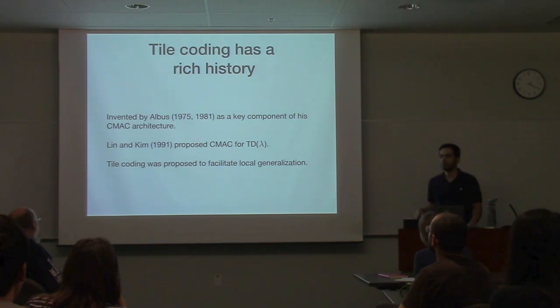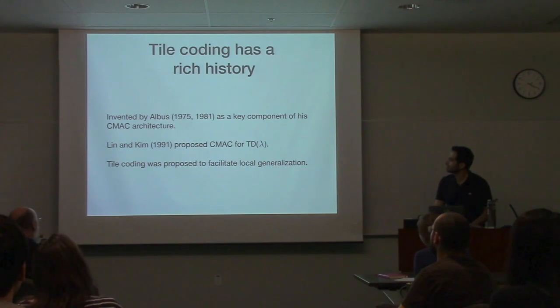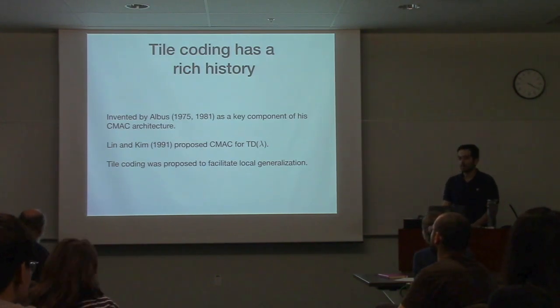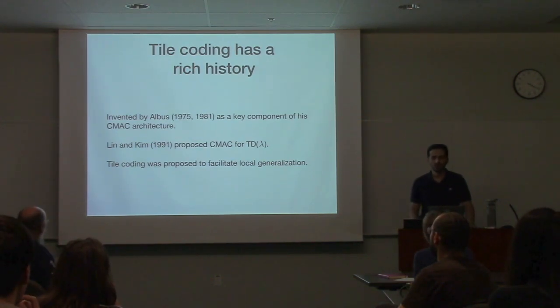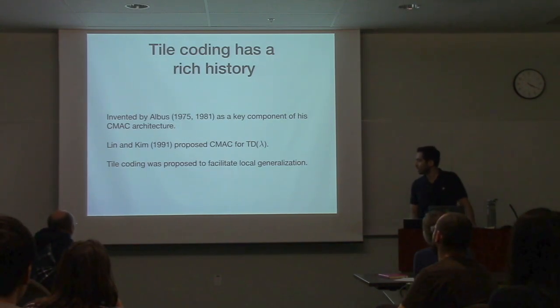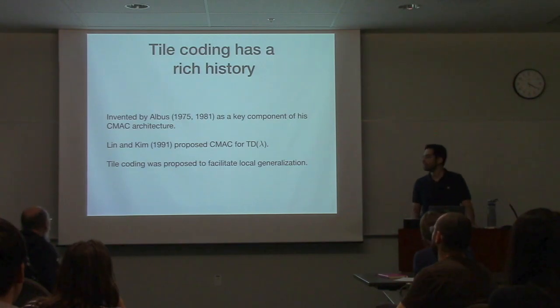Okay. Tile coding has a rich history. It's not something new. It was invented by Albus in 1975 as a key component of his CMAC architecture. And believe it or not, this was also brain-inspired. Lin and Kim in 1991 proposed CMAC for TD lambda.